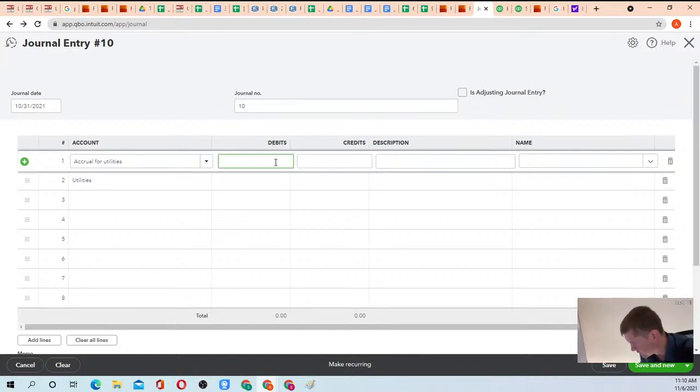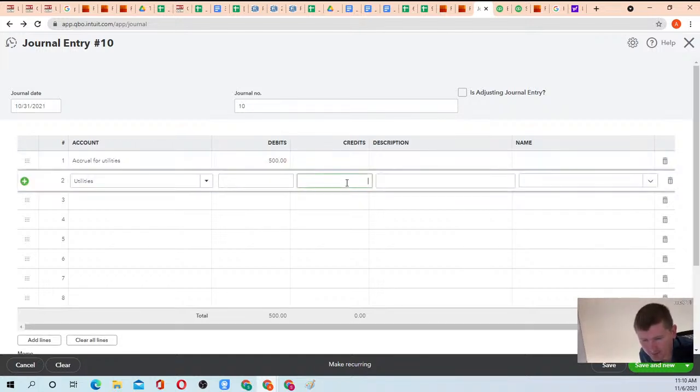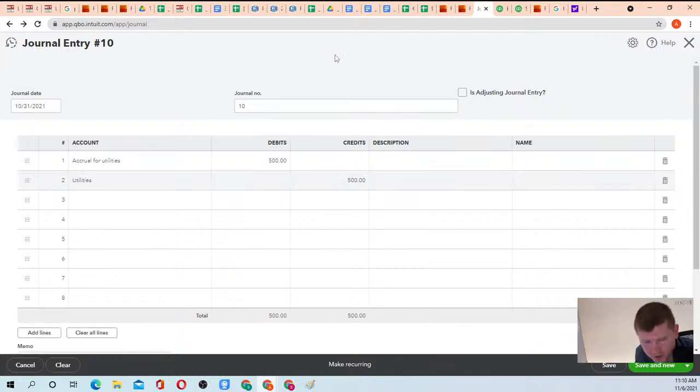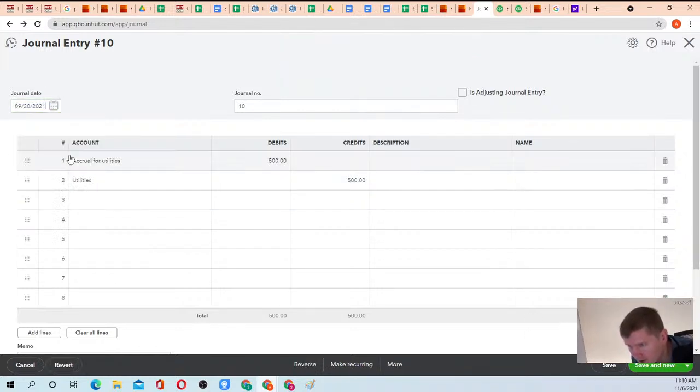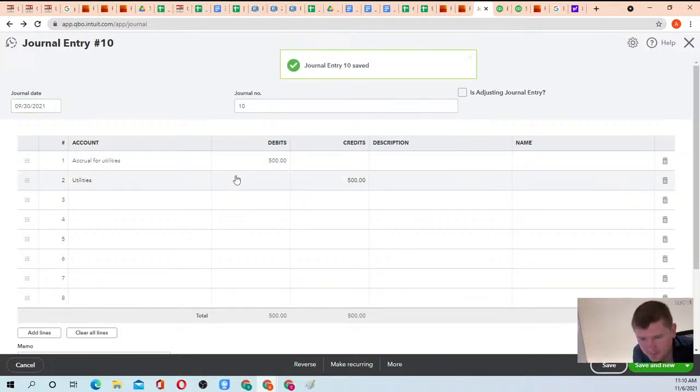So we accrue 500 debit and 500 goes towards utilities expense. Now we make save. Oops, sorry, the date should be September 30. Save.